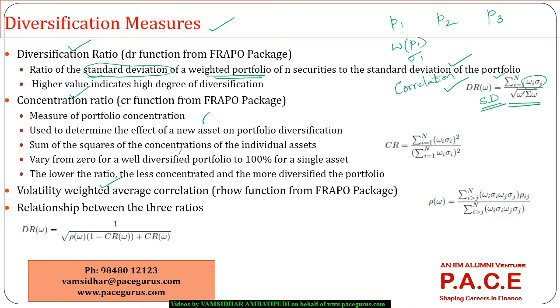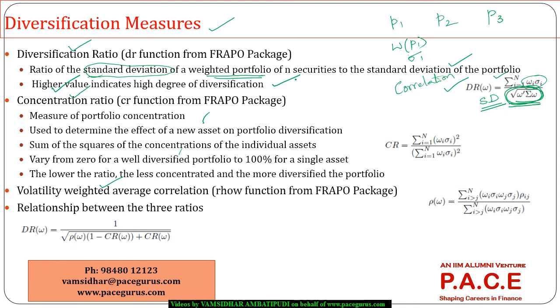Now what we see is, if the diversification is much better, the denominator should become much lesser, because the overall portfolio standard deviation should go lesser than the individual weighted standard deviation, which means the overall ratio should be higher. The higher the ratio, the higher the degree of diversification. So obviously for the most diversified portfolio, I should get a very high value of the ratio, whereas for the other two it should be lesser.